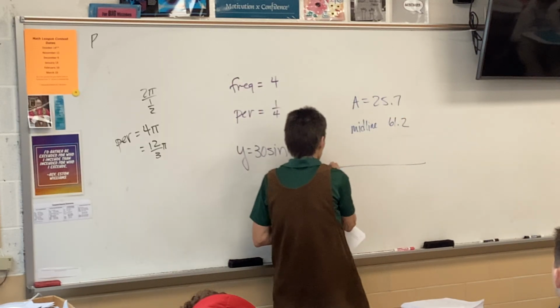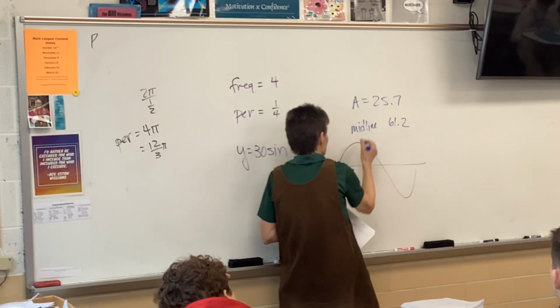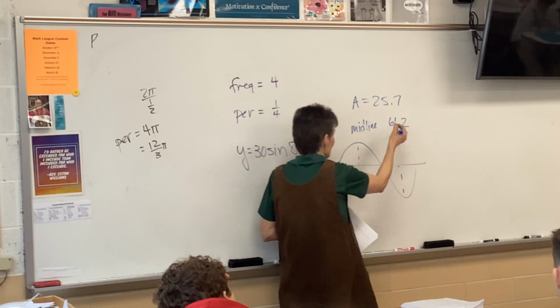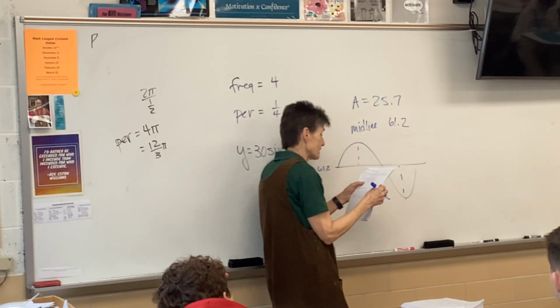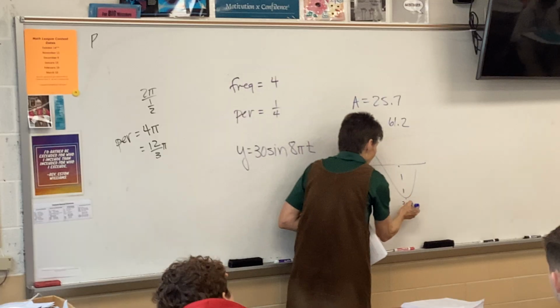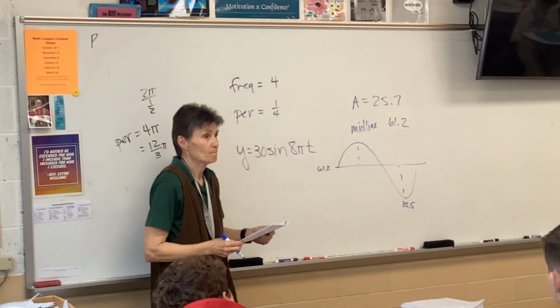So here's 61.2, and we're going up and down this much, right? So you said the minimum is going to be at 61.2 minus 25.7, and is that 35.5? Yeah. All right. What do the rest of you think?